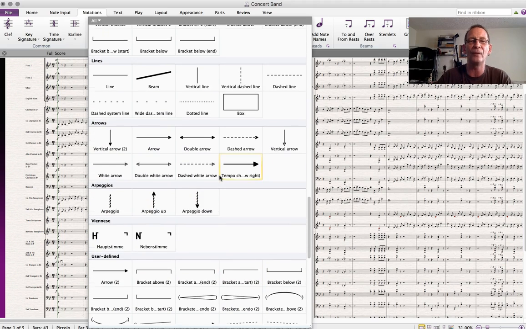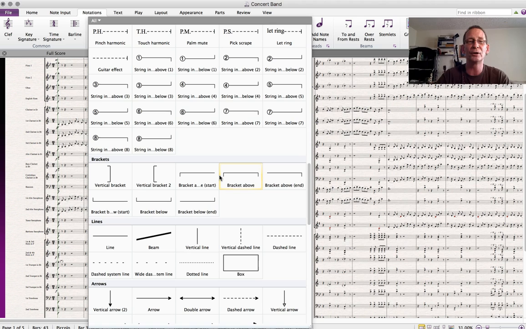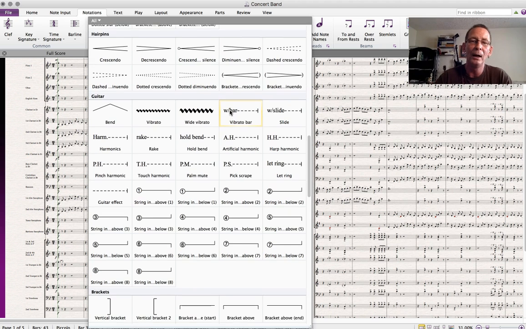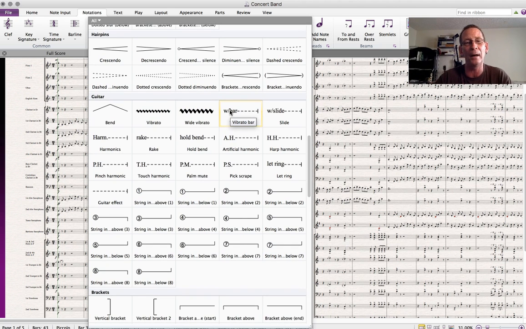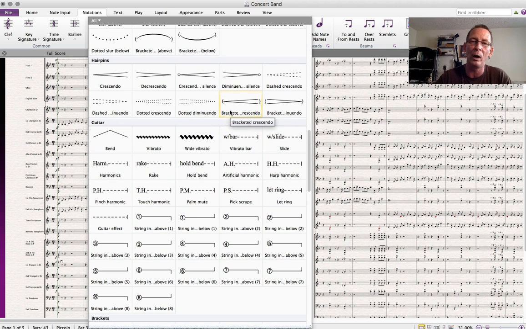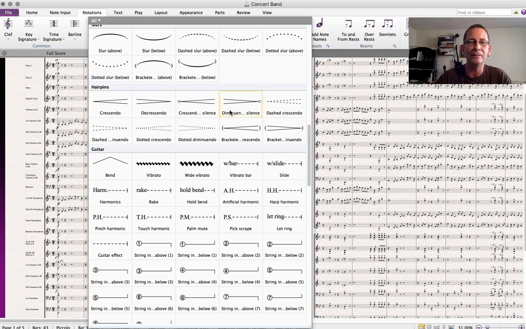A lot of them are very self-explanatory, but there have been a lot of times I'll be looking at some kind of score and I'll see some type of marking, and I expect they're talking about one thing, but they've used it for something else. They've got this bracket on there, and I'm expecting one thing, and it's not what they were thinking, and it's like, well, what does that mean? Things like this. Do you want it to come down to silence, and from silence coming up? Those are some very simple ones there.